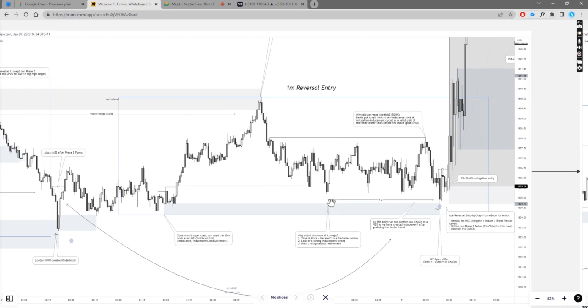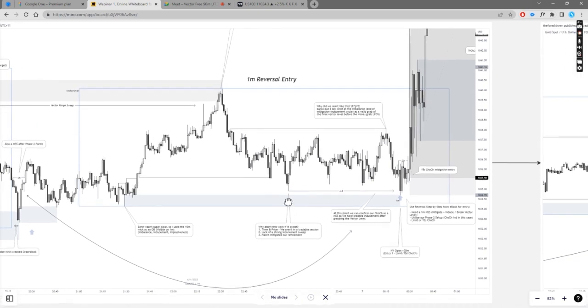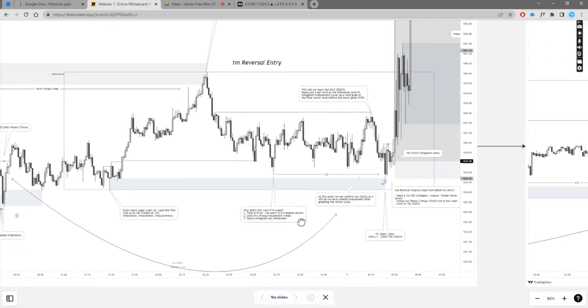And I think a lot of people here would have got liquidated, unless they put their stop loss down here for sure, but this swept kind of what you could say is an inducement, but it didn't mitigate those orders, so it doesn't have potential, it doesn't have enough volume to be able to push up through that level, okay?